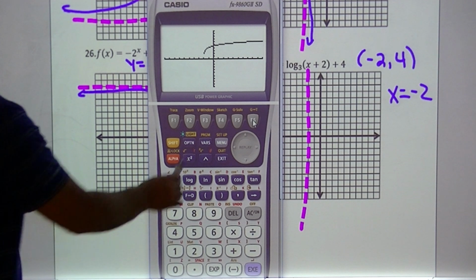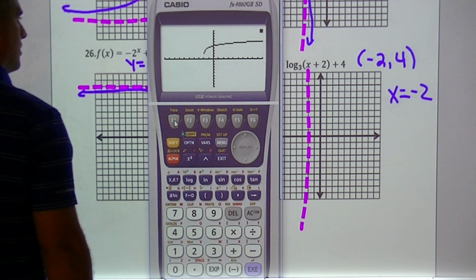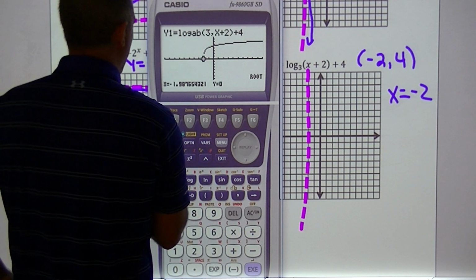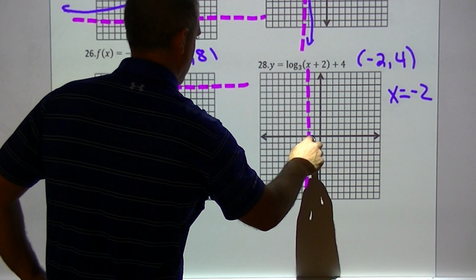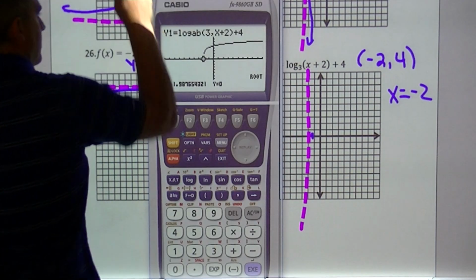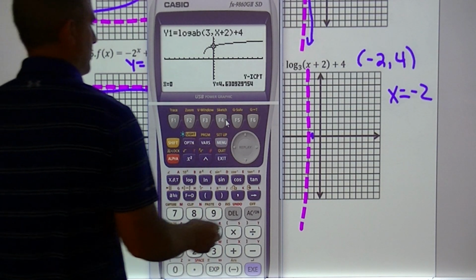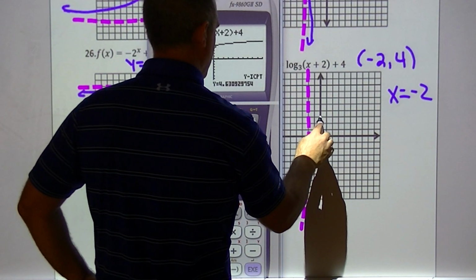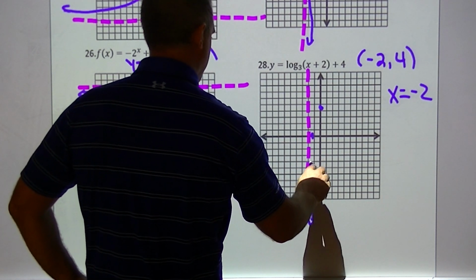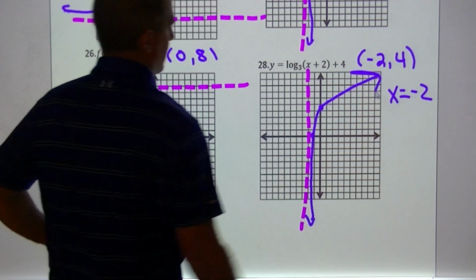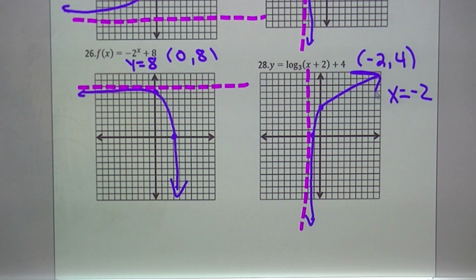All right. G solve root, negative 1.98. So like almost 2, right about there. And G solve y-intercept, which is at 4.6. Now the idea is make sure your graph always approaches that pink line. Don't stop it even though the graph looks like that.